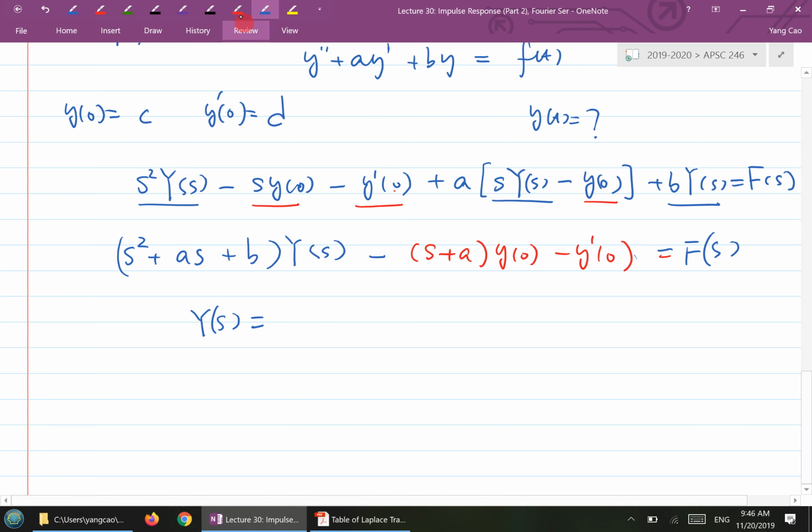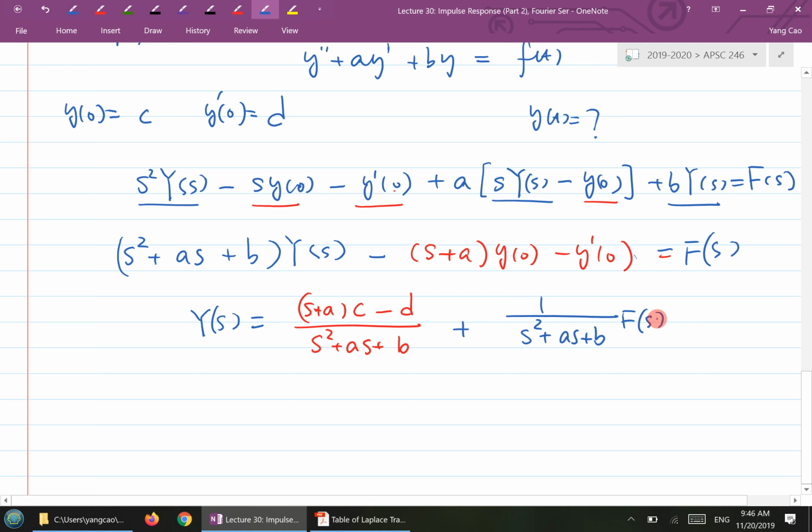One term, the red one, is ((s plus a) times c plus d) over (s squared plus a s plus b), and then plus the other term.